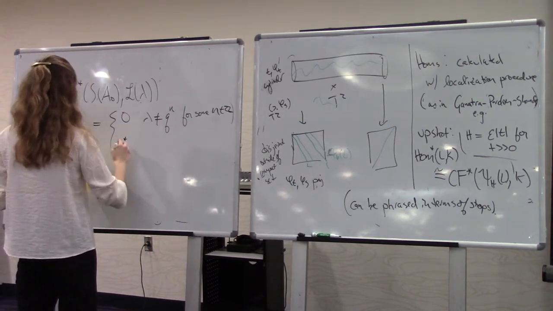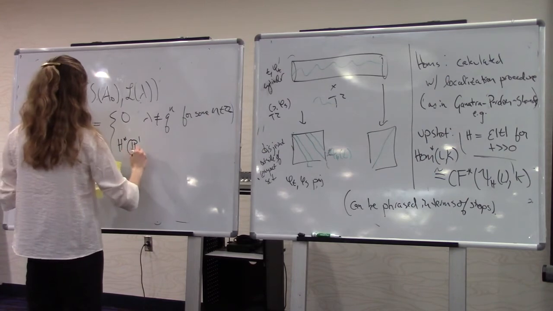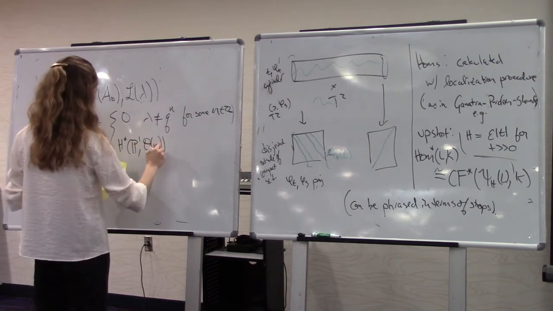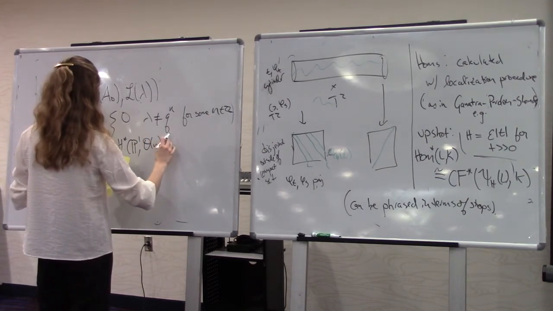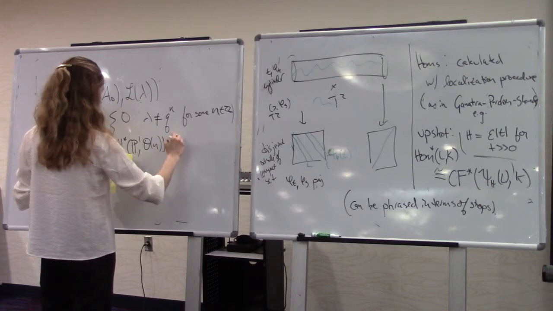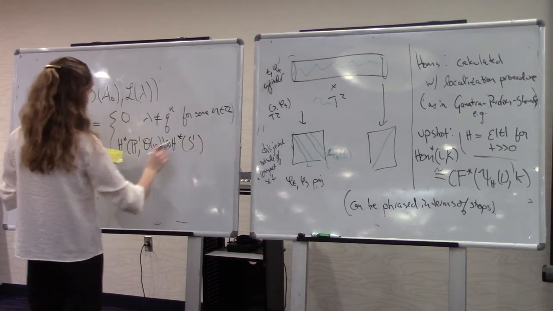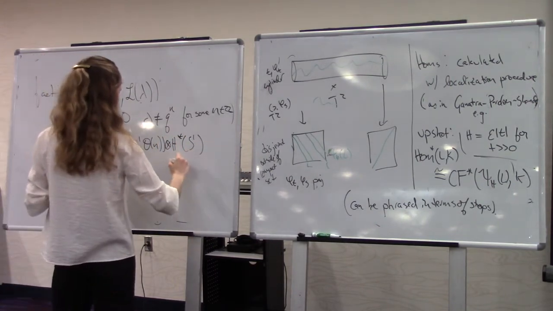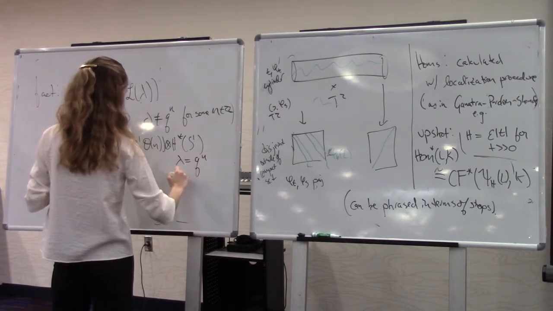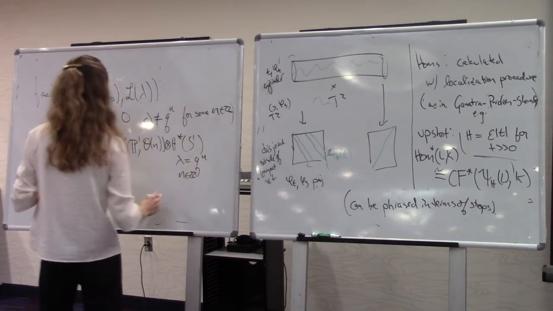Otherwise it is going to be equal to the cohomology of O of n tensor with the cohomology of S1, for lambda equal to q to the n, with coefficients in Z.